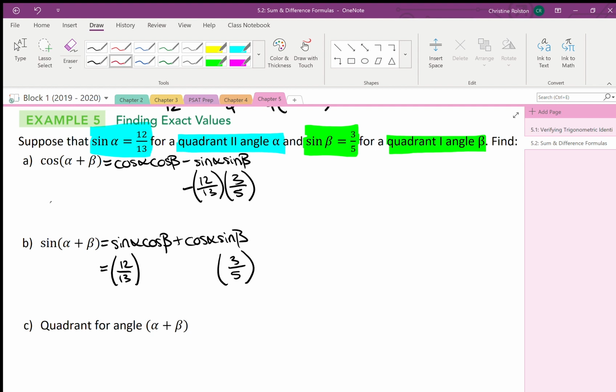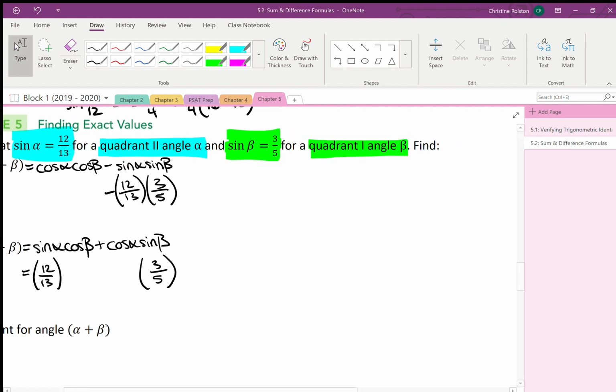So what I'm going to do is for alpha, it's in quadrant 2. So I'm going to draw a right triangle. Your alpha's here. Now I have sine alpha, so sine alpha is 12 over 13. What two sides of my triangle does that give me?